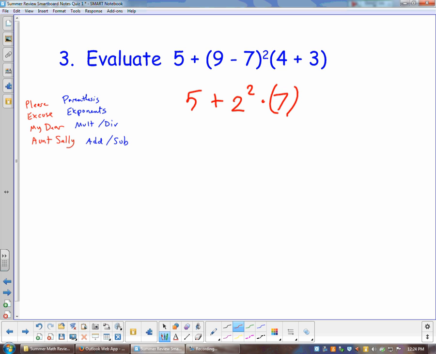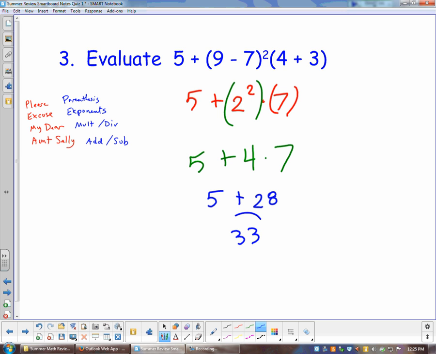The next step would be any exponents. I have 2 squared, so that is going to be 4. So I have 5 plus 4 times 7. Order of operations says I would do multiplication next. 4 times 7 is 28. So I have 5 plus 28, and that turns out to be 33 as my answer.